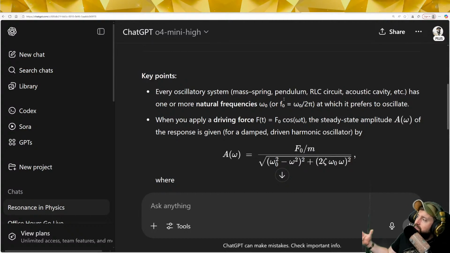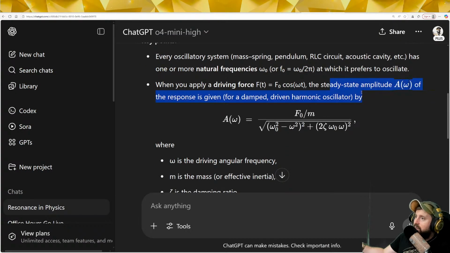It's the frequency things want to oscillate at. When we did the pendulum, a simple pendulum has a fundamental frequency that it wants to oscillate at, and that's a resonant frequency. If you start applying a driving force or you have damping, then there's also a frequency that things like to resonate at.